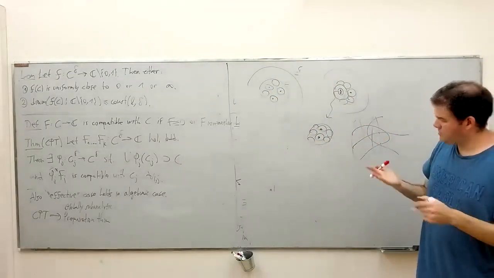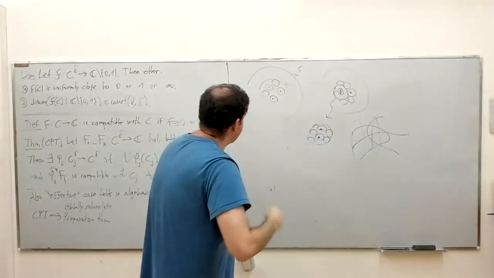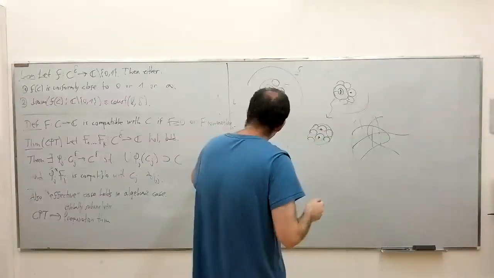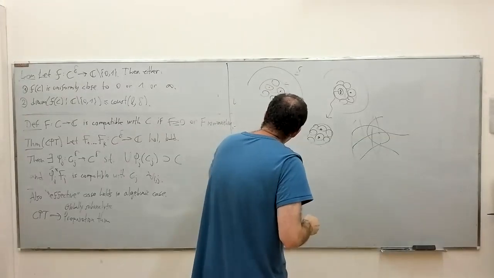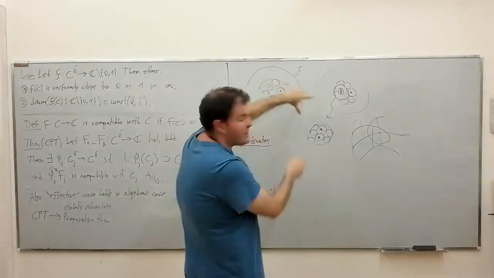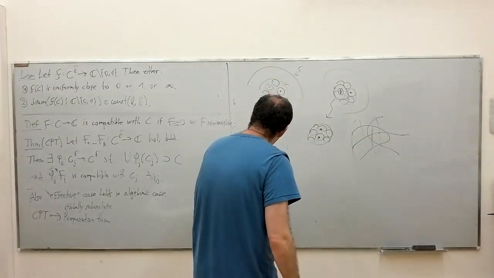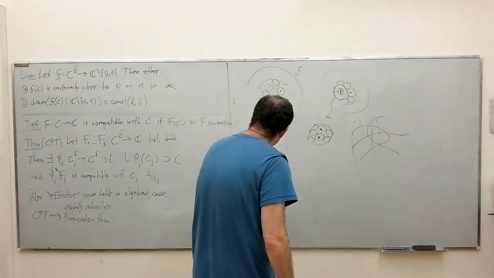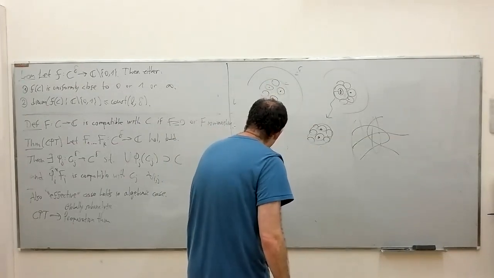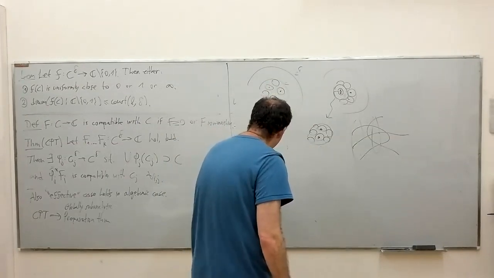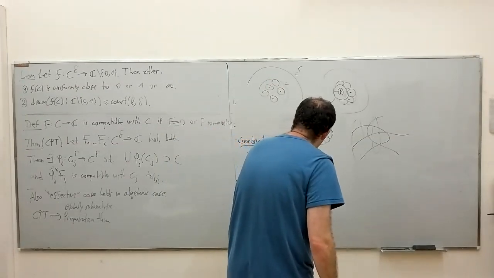And what I claim is that the coordinates that you need in order to control the configuration of these cell decompositions are exactly the (yi minus yj) divided by (yi minus yk) for every i, j, and k.